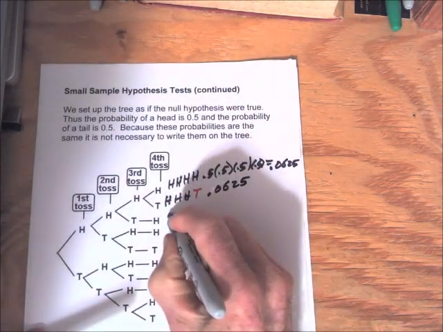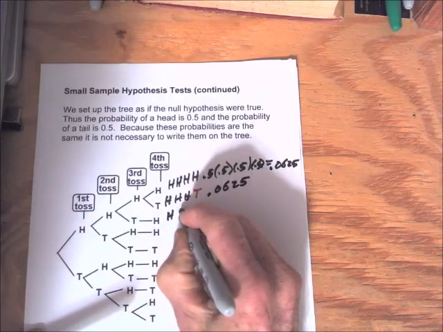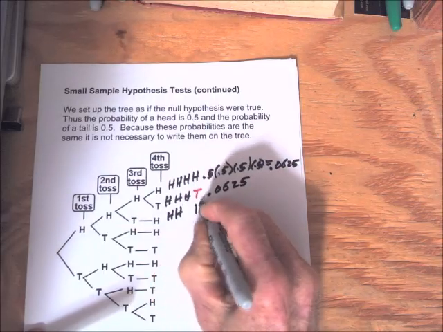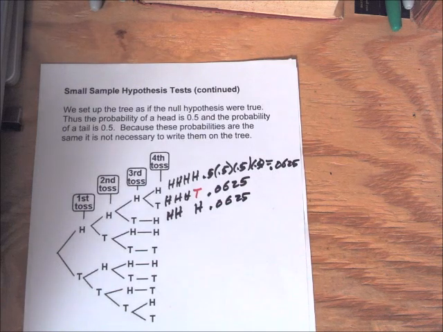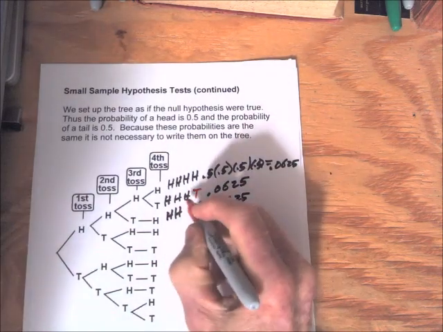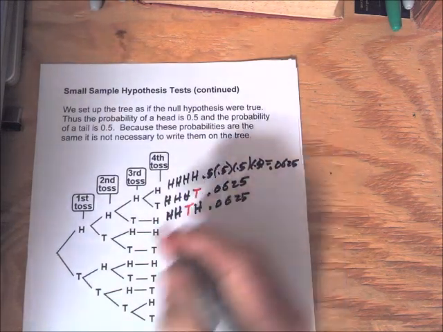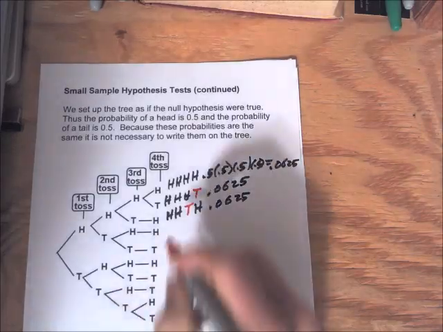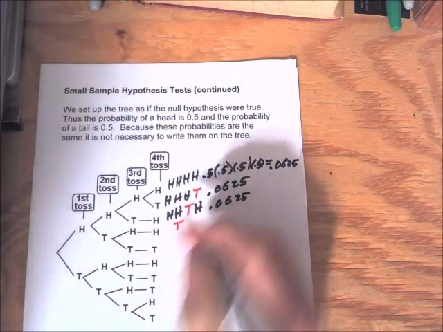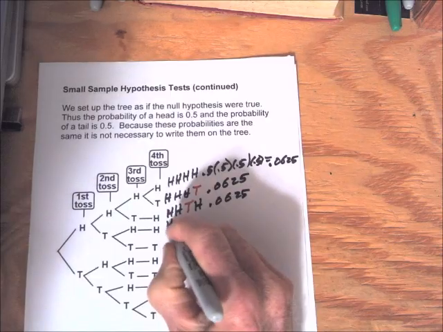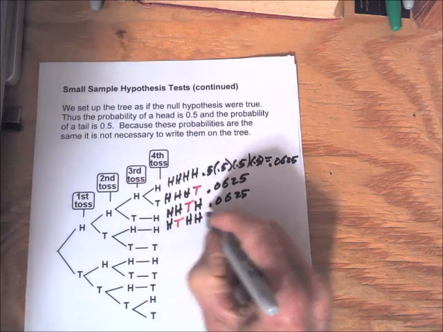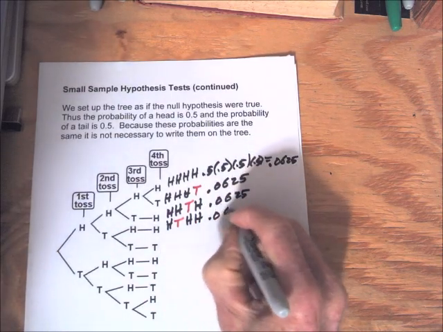The next path we have 2 heads followed by tail followed by head. And then we have head, tail, followed by 2 heads. 0.0625.